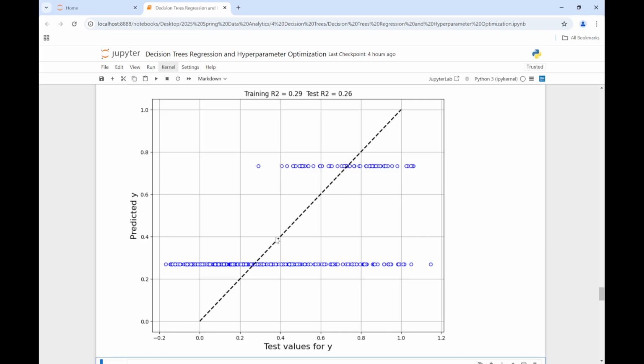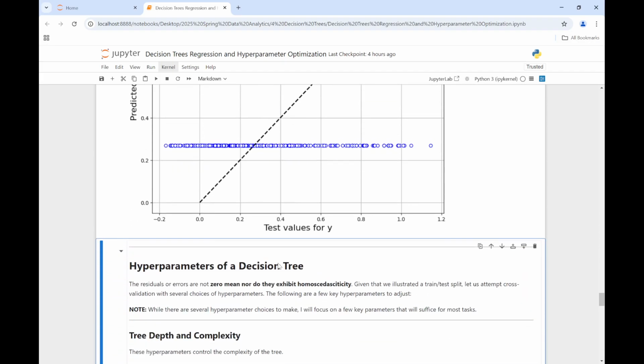And if we had a perfect prediction, all of the data points would lie along that line. Instead, because we tried just one level of splits, we're just going to get two values for our target variable. And clearly there's quite a bit of discrepancy between what the model is predicting and what the data is telling us. But we were able to quantify the goodness of fit by quantifying the R square values.